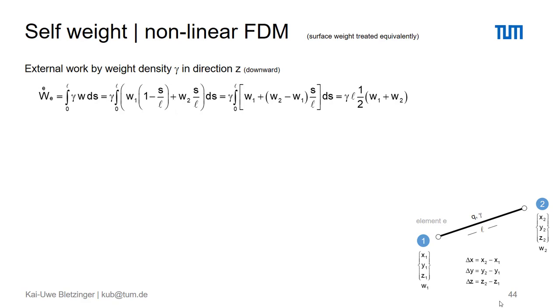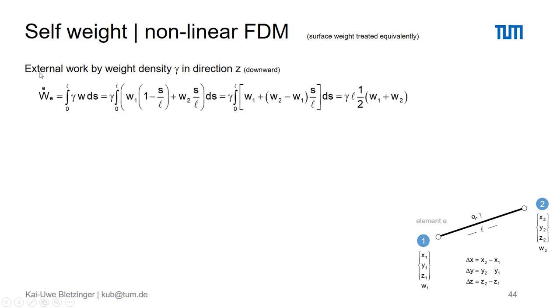Let's just look at the weight of a certain element, E, which just runs from the generic number 1 to the generic number 2 with the respective coordinates at these nodes and the vertical deflection component W1 at node 1 and W2 at node 2.